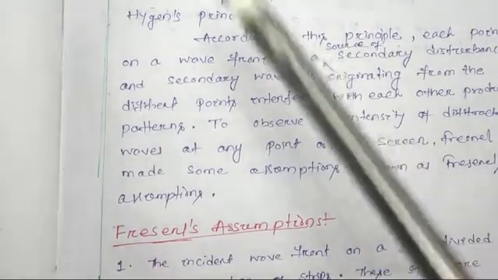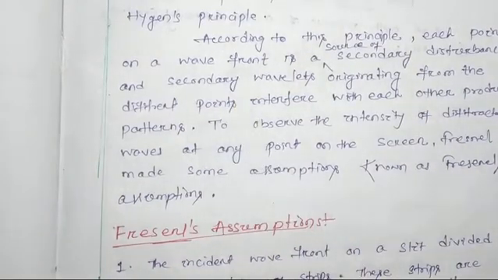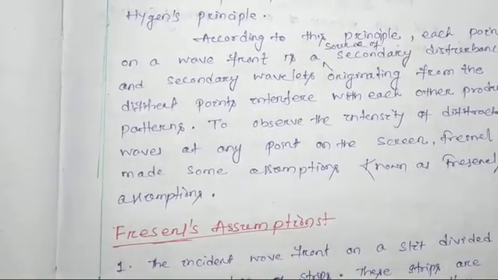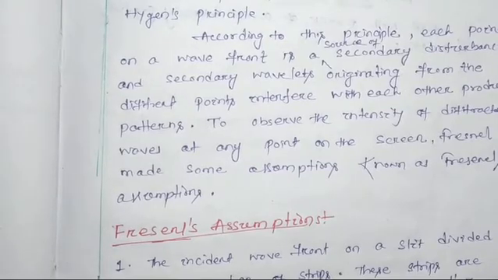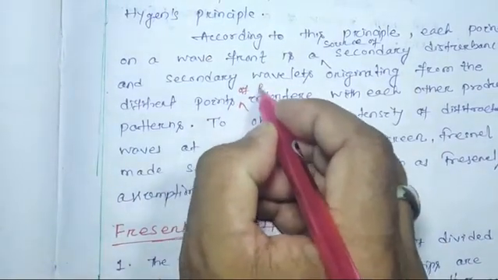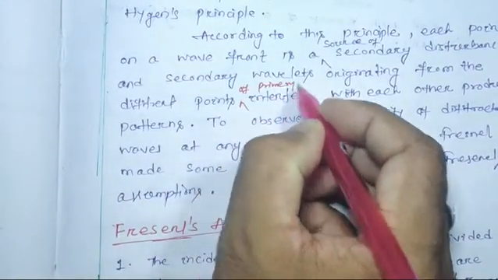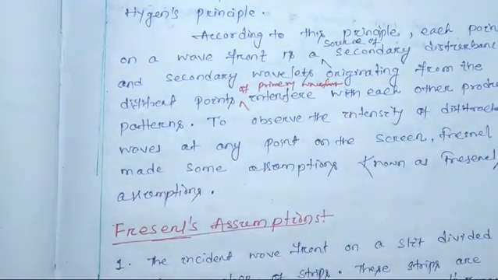Here it is written originating from the different points, here different points of the primary wavefront. You have to correct that here. Originating from the different points of the primary wavefront, they interfere with each other and produce the interference pattern.